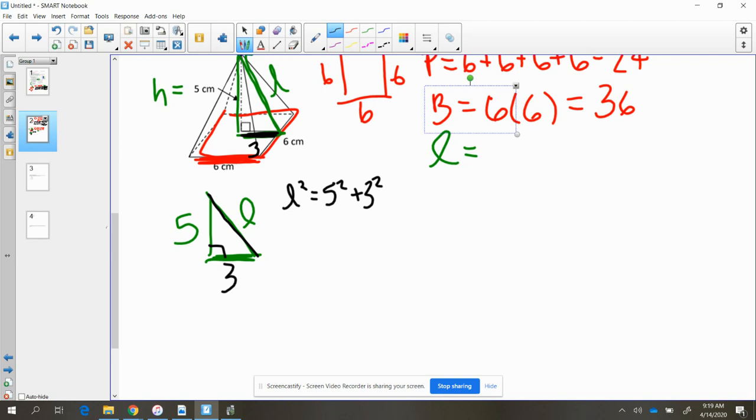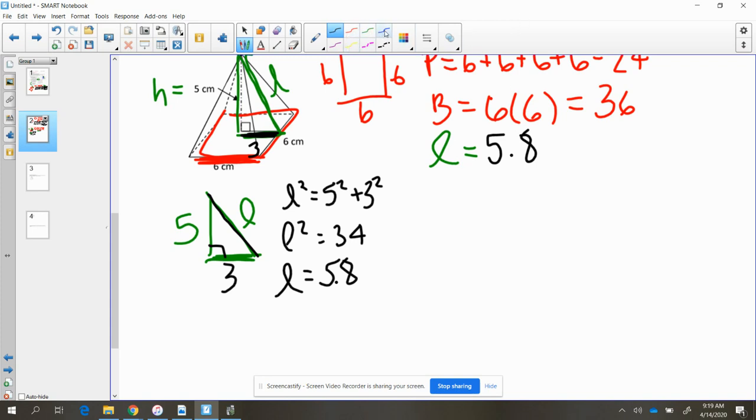So our hypotenuse squared equals 5 squared plus 3 squared. So 25 plus 9, L squared equals 34. So if we square root 34, get about 5.8. So our slant height is 5.8.